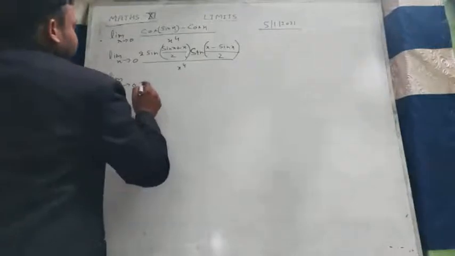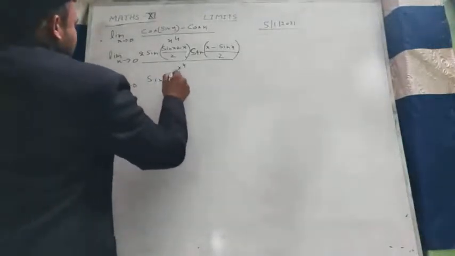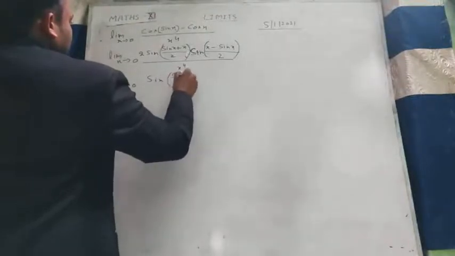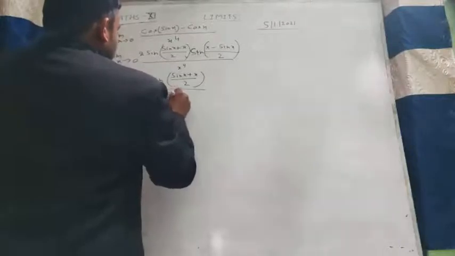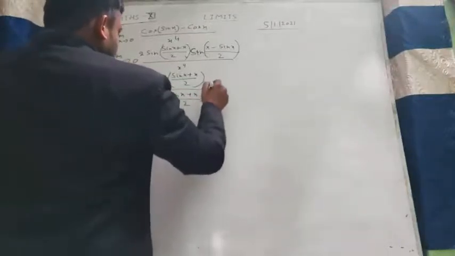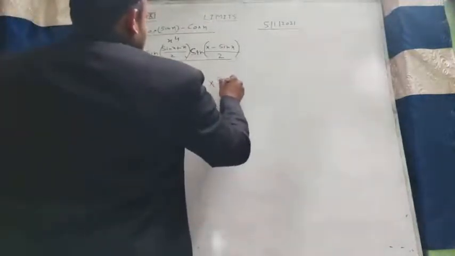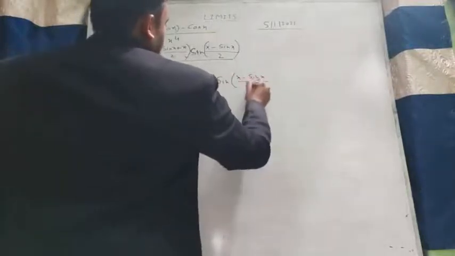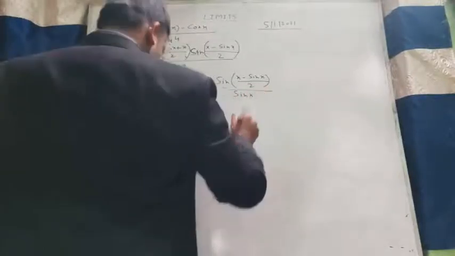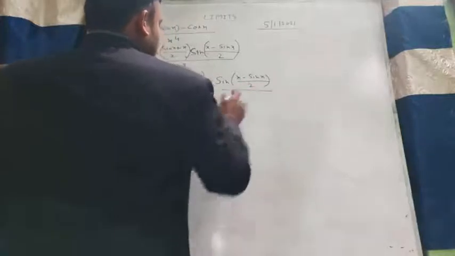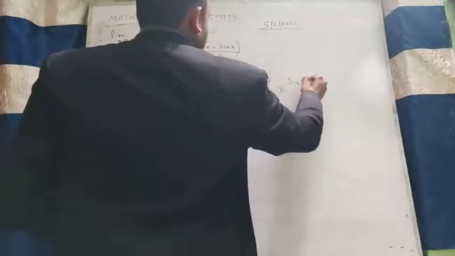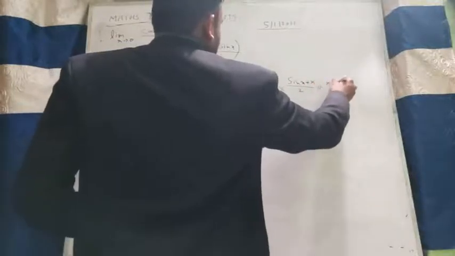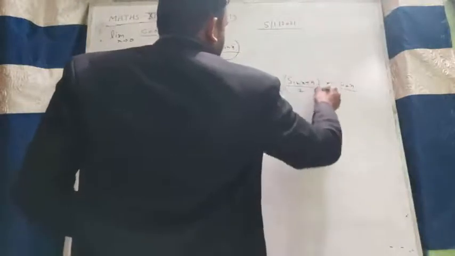So limit x tends to 0. Now we write the 2 outside, and then we divide and multiply: sin of (sin x plus x) by 2, divided by (sin x plus x) by 2, into sin of (x minus sin x) by 2, divided by (x minus sin x) by 2, multiplied by (sin x plus x) by 2 into (x minus sin x) by 2.